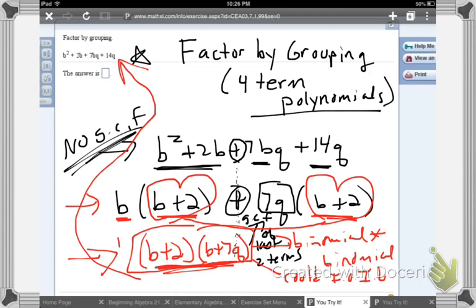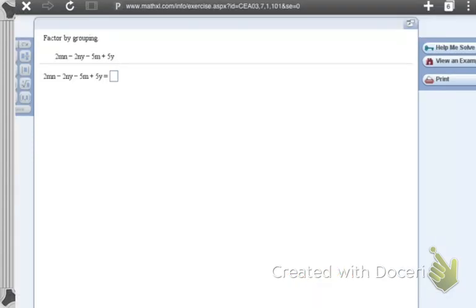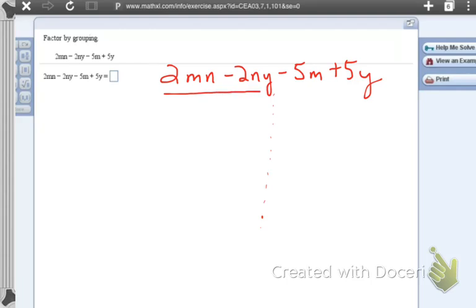So, okay, on the next slide, just to convince you, you have to do a lot of these in your book and convince yourself that that is the mechanism for getting them right. So 2mn minus 2ny minus 5m plus 5y. Again, I'm just going to draw that invisible dotted line. Pull the GCF of the first two terms only, which is 2n.